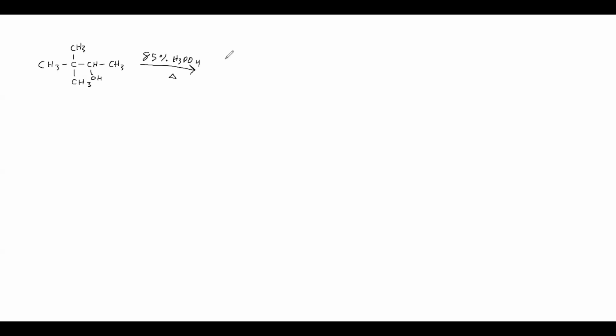Okay, so we said that the products we formed here were these two different alkenes. And we said that this was the major product and this was the minor product.